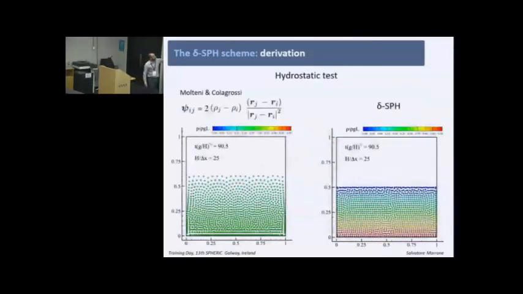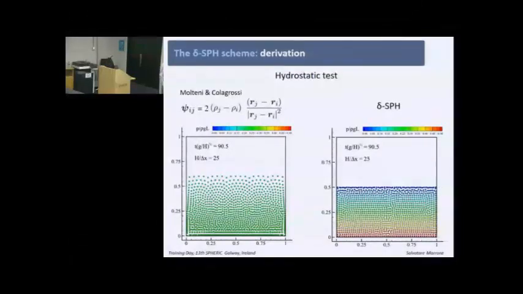As you can see, this is the proof of that. If we use the Molteni-Colagrossi term, so the Morris formula for the Laplacian of the density, we have this. What happens here? At the free surface we have the gradient of gamma times the gradient of the density, and these two elements couple and give wrong values of the density.